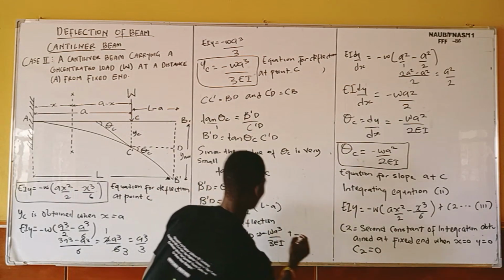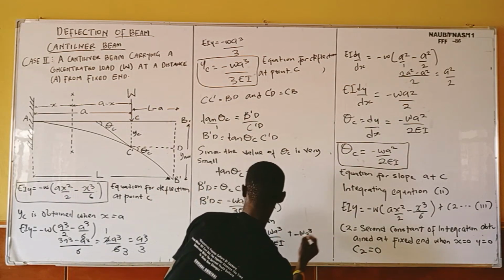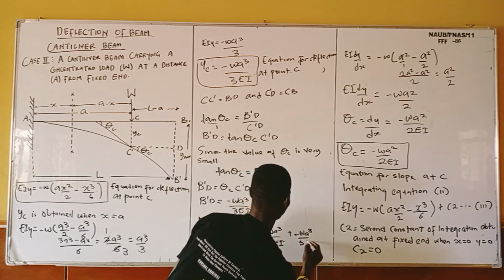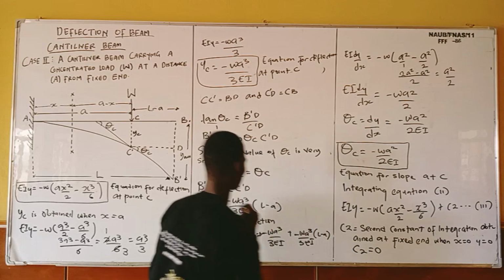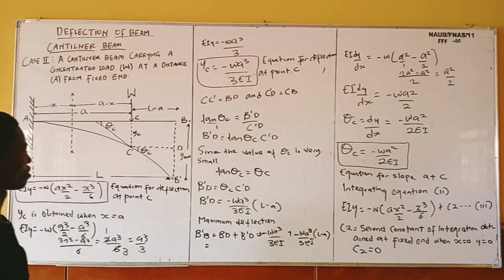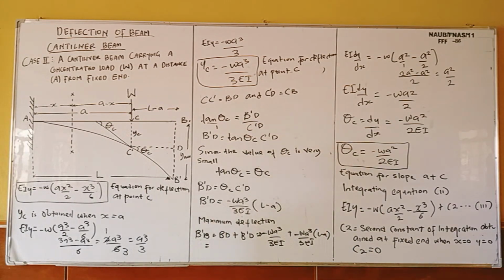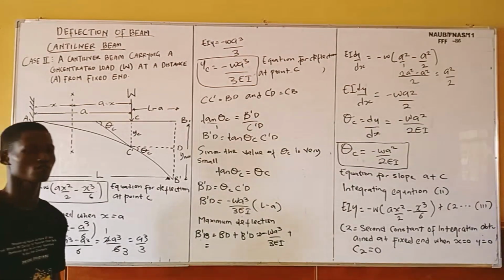This is my B prime D, minus WA cube over 3EI, L minus A.